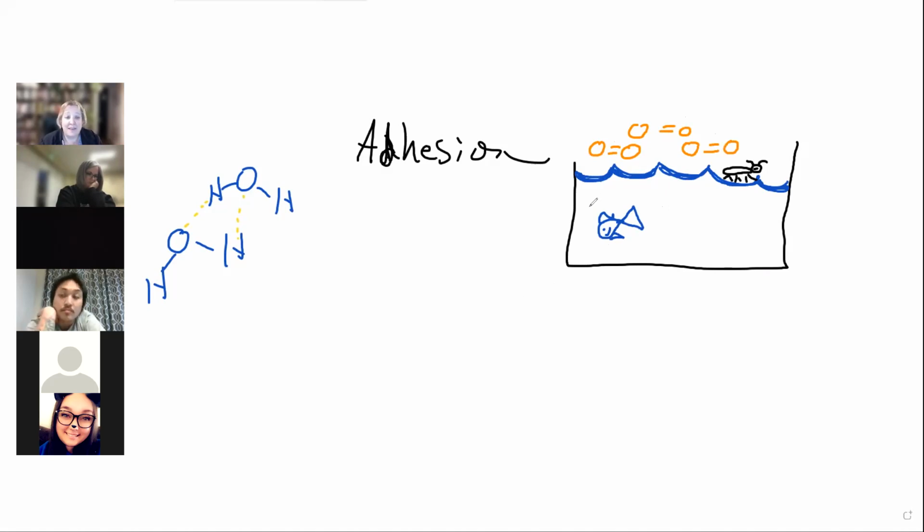Now, the other thing is, okay, if I've got solids that have hydrophilic parts to it, okay? So let's say I've got a big old rock, okay, that is coming up out of the water, okay? The water is going to get on there and it's going to stay wet, okay?